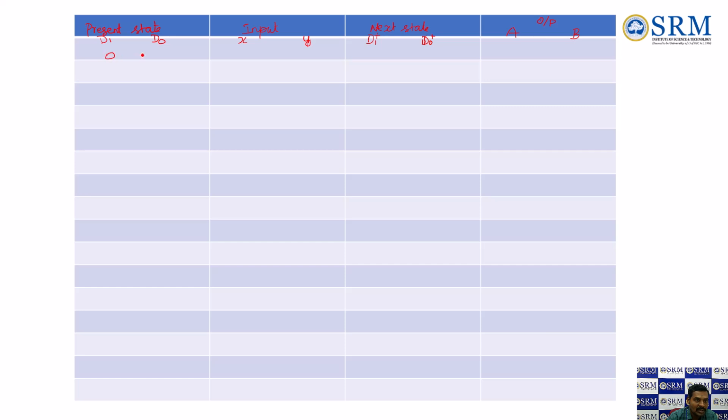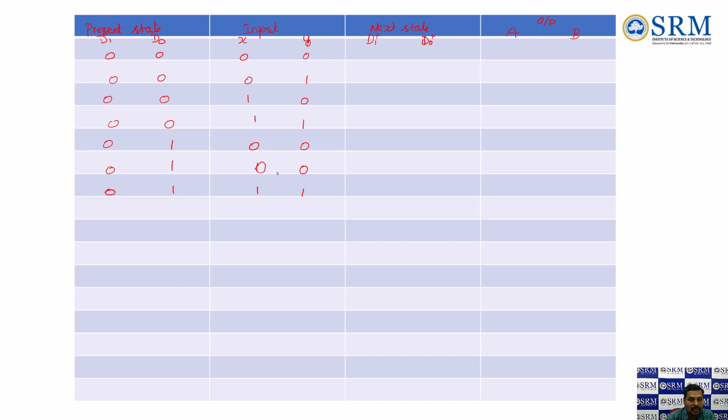So I'm writing the possible combinations: 0 0 0 0, 0 0 0 1, 0 0 1 0, 0 0 1 1, 0 1 0 0, 0 1 0 1, 0 1 1 0, 0 1 1 1.